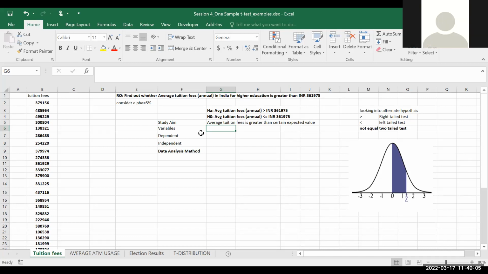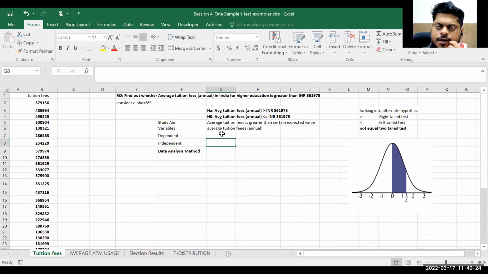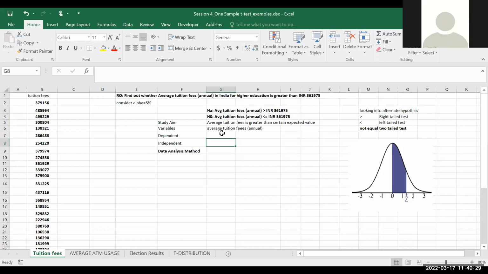So only tuition fees. Yeah, tuition fees. What else? Anything else given to you? Any other variable information given to you?